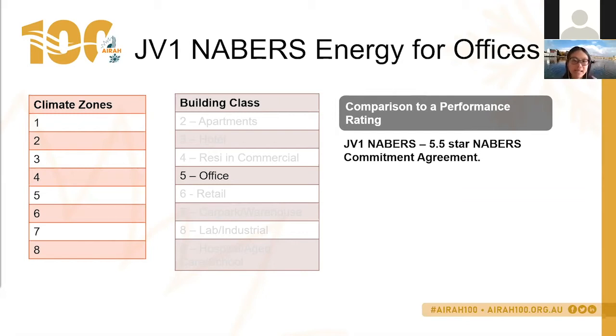And finally, with JV1, you still have to ensure that thermal comfort is achieved in your proposed design. So you're not comparing your thermal comfort to a reference building or anything.